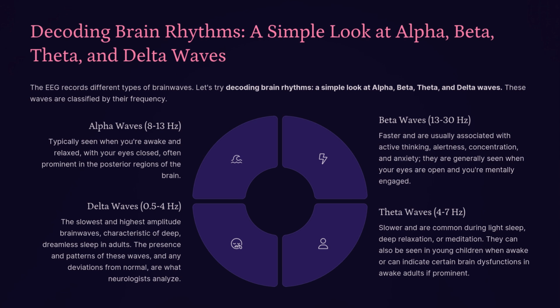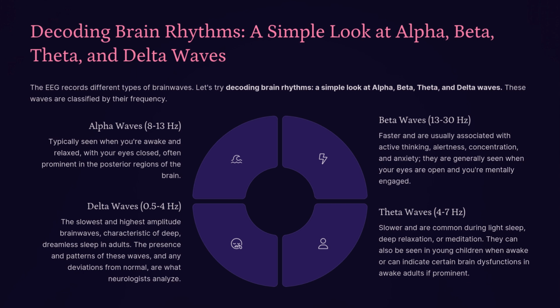Beta waves, 13 to 30 Hz, are faster and are usually associated with active thinking, alertness, concentration, and anxiety. They are generally seen when your eyes are open and you're mentally engaged. Theta waves, 4 to 7 Hz, are slower and are common during light sleep, deep relaxation, or meditation.